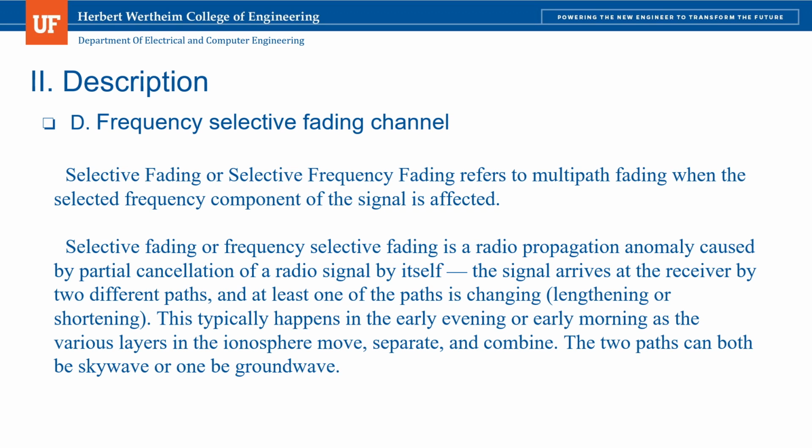The signal arrives at the receiver by two different paths, and at least one of the paths is changing. This typically happens in the early evening or early morning as the various layers in the ionosphere move, separate, and combine. The two paths can both be sky wave or one be ground wave.